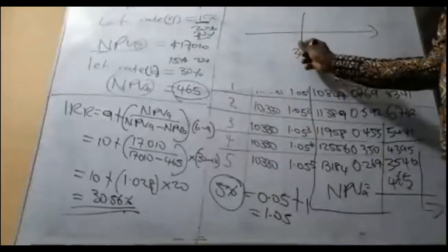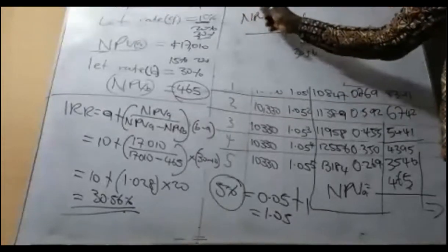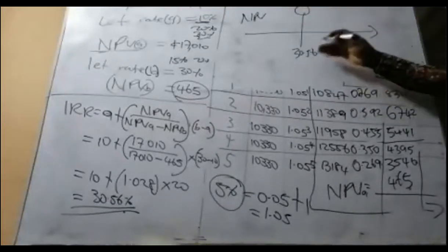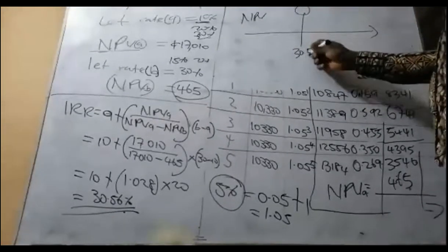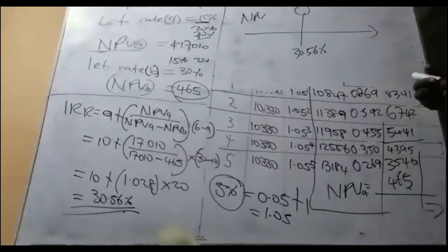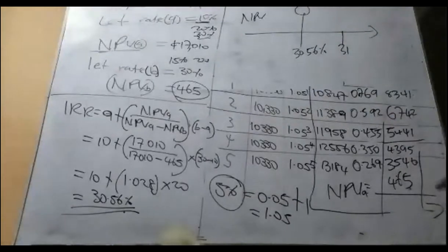So exactly at 30.56, the NPV, let's put NPV here, will be 0. So that means the highest rate that any company can accept is 30.56 for this project. Because even if I accept 31, I'll get negative NPV.